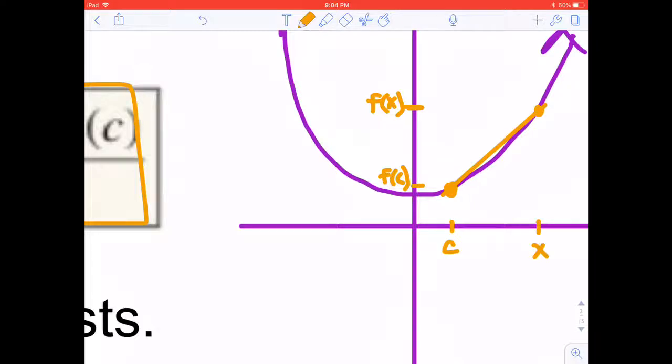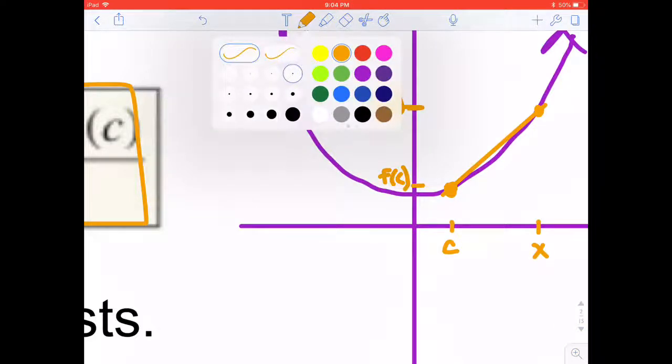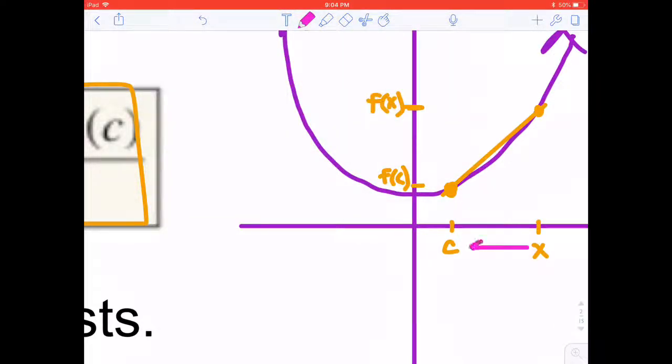That's the secant line, but as this x is getting closer and closer to c, as in approaching c, that point is going to get closer and closer to that c value, so that the secant lines are also getting closer and closer to eventually get to this c and create the tangent line that we're looking for.